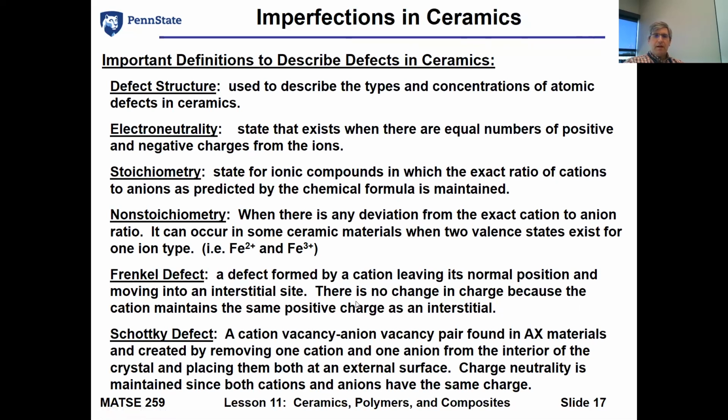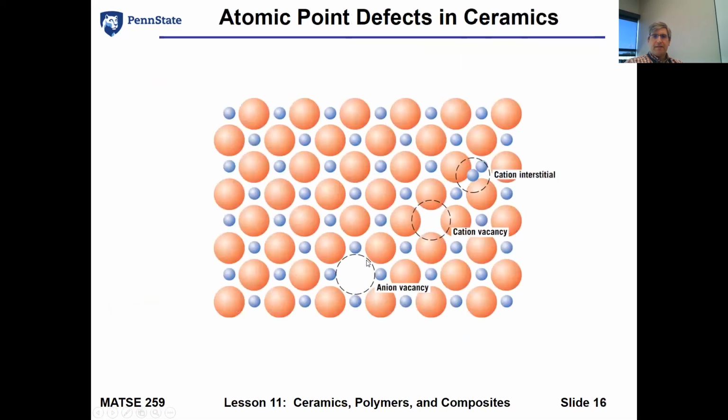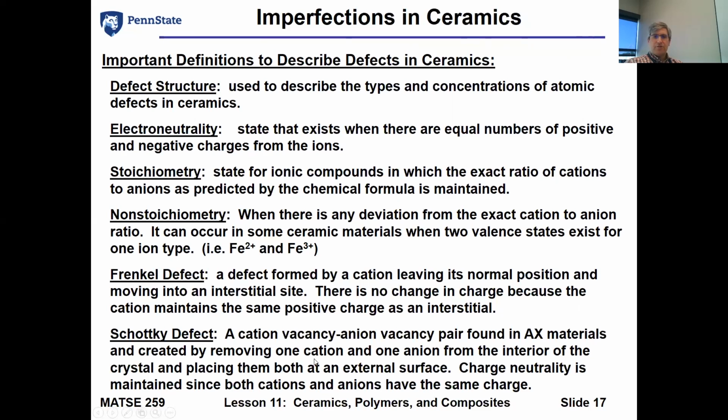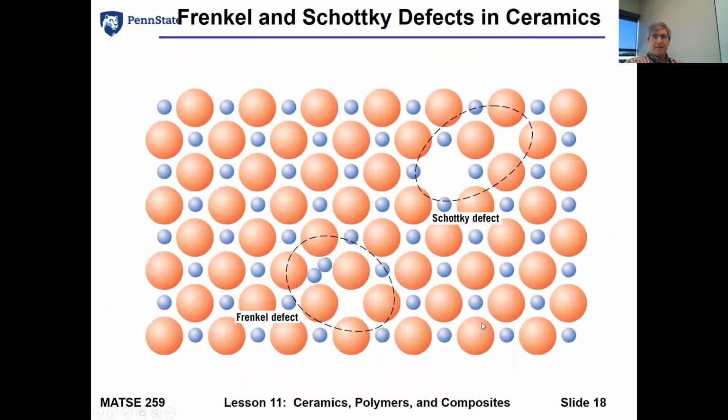In the Frenkel defect, what you have is a cation going into an interstitial. It will look like that cation interstitial. A Schottky defect is a vacancy pair, and Schottky defects are primarily found in these AX materials.